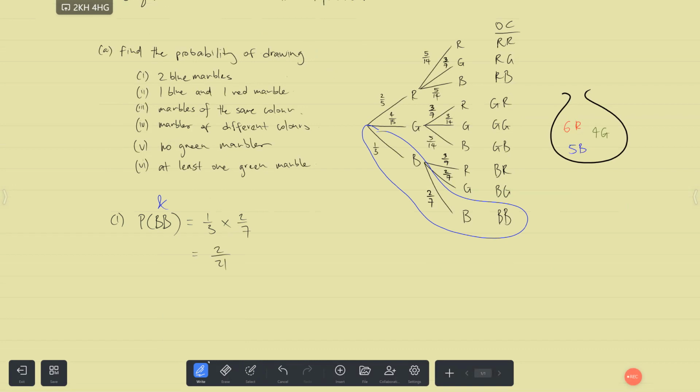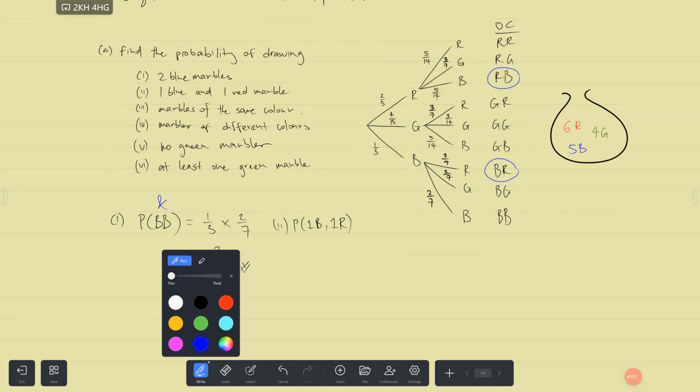Next question, 1 blue and 1 red marble. We can write our probability as P(1 blue, 1 red). There are 2 possibilities, these two over here: blue, red, and red, blue, because both of them fulfill the condition of having 1 red marble and 1 blue marble.